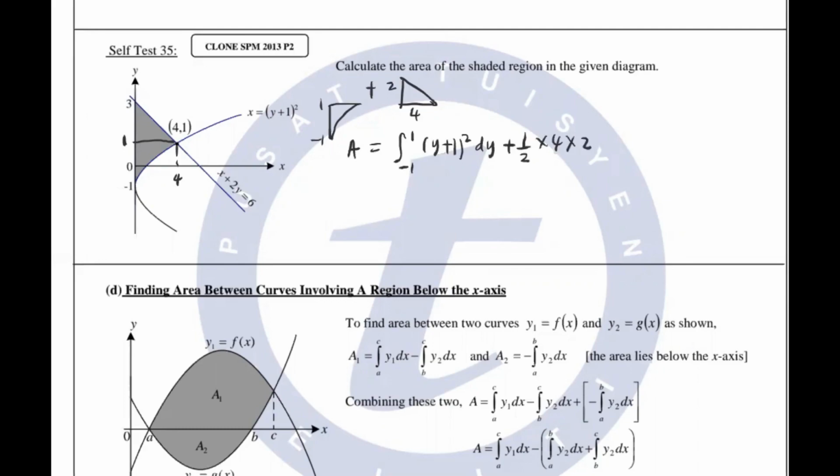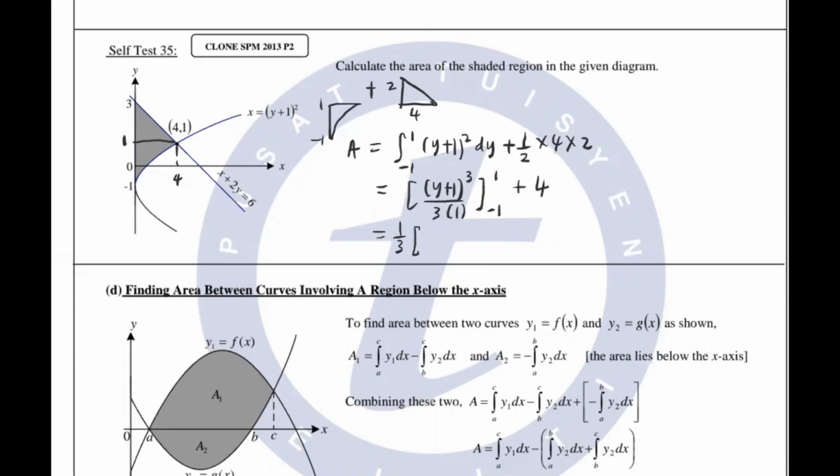Yeah, correct, Jen? So here, when you integrate, you copy the bracket. You increase the power by 1, 3. Divide by 3. Differentiate inside is 1. Lower limits minus 1. Upper limits 1. Now area triangle you can cancel, get 4. Cancel the 2, get 4. Now I like to take out 1 over 3. Put 1 inside.